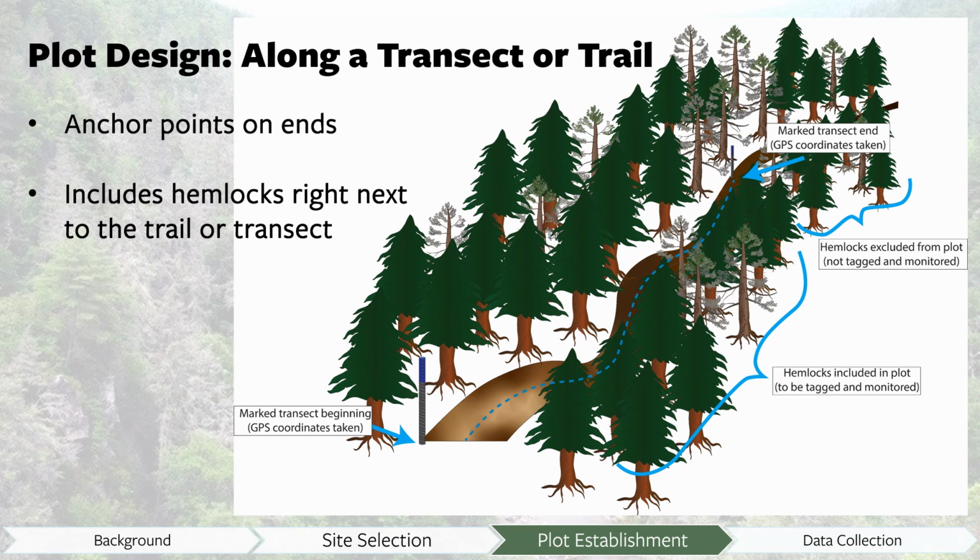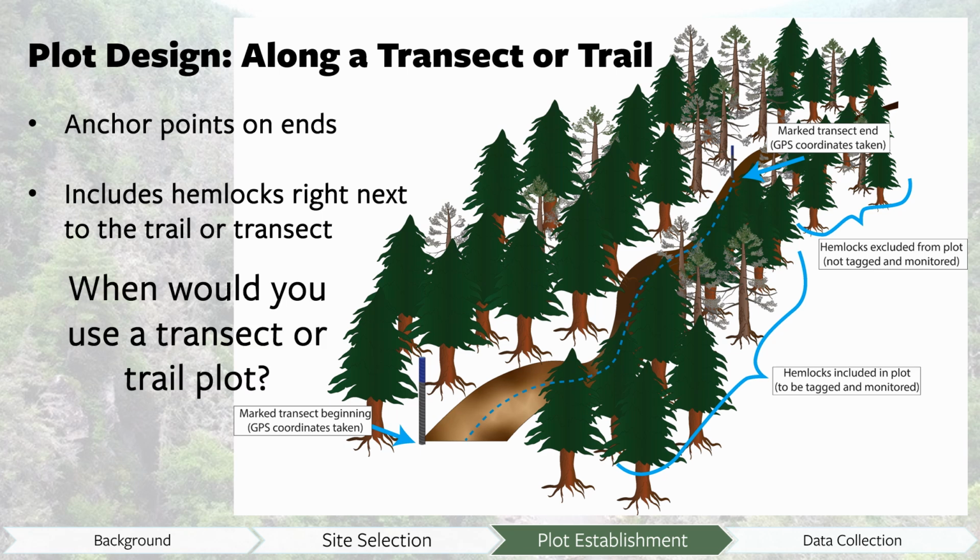Instead of along a trail, you could also do this along a transect through the forest. And this might be a good option for your plot design in areas that are a little bit less dense. So if you're having to go further distances, it may be easier to do so on a trail, or if your hemlocks are a bit more spread out, this might be a good way to choose which hemlocks to use.